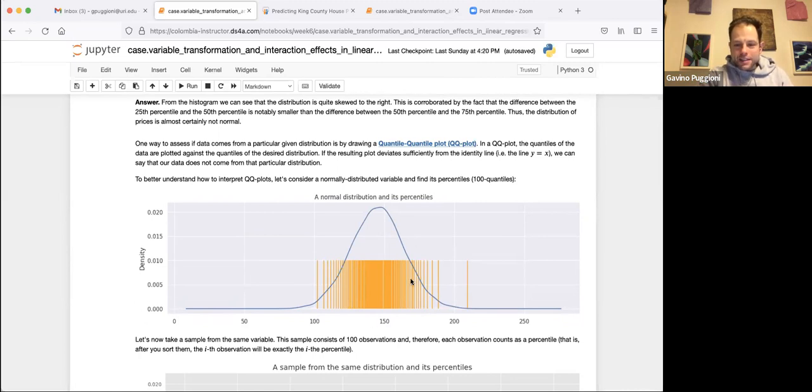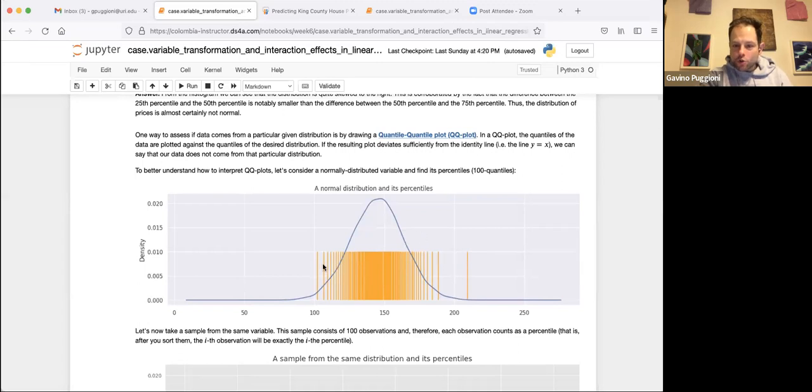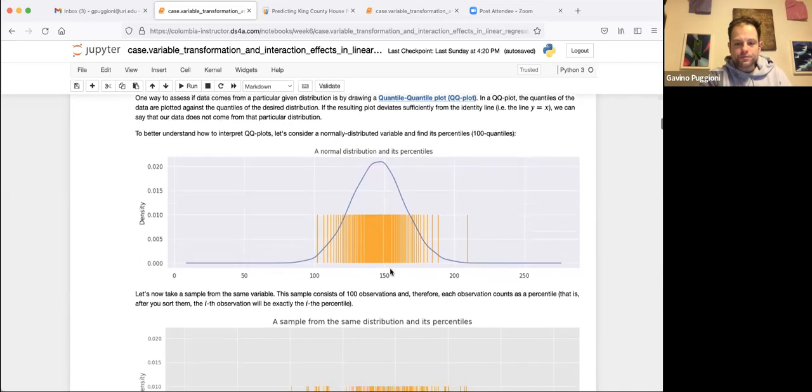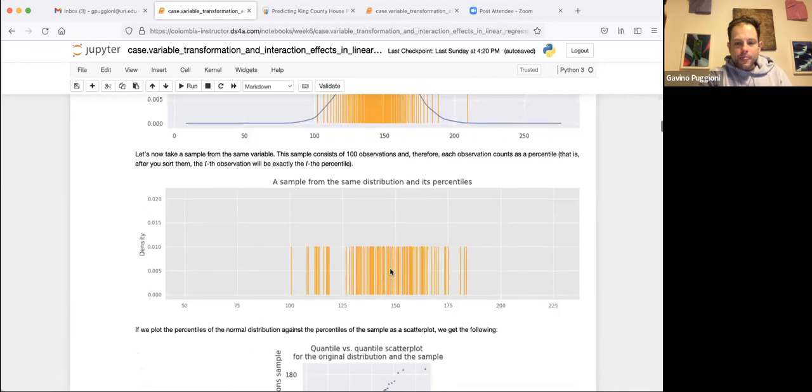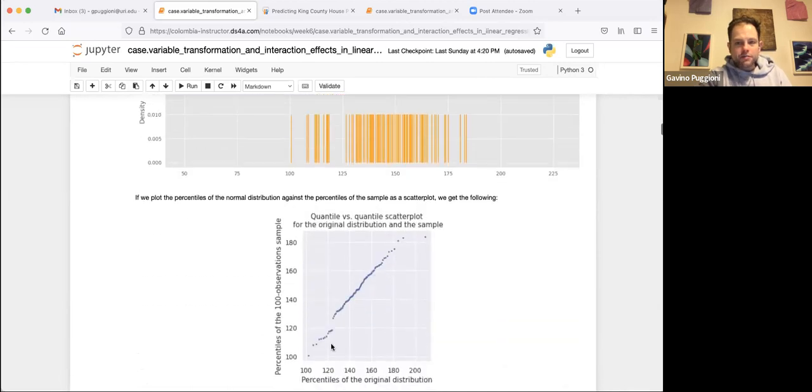And as you can see, when you compare it to a normal distribution, it's reasonably close, because you can see that most of them are within the mass and so on. They were actually generated from the normal. And this is what it looks like when the data is well behaved. So if we plot the percentiles of the normal distribution against the percentiles of the sample that we have obtained, we get points that are more or less on a straight line.